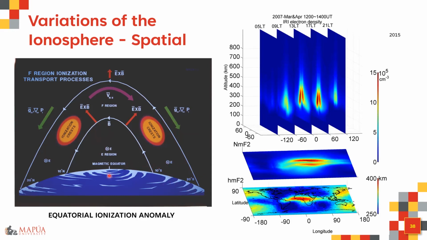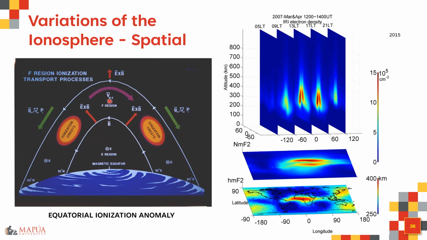We already mentioned the magnetic equator is where the magnetic field is horizontal. So if you have an eastward electric field and a northward magnetic field, E cross B drift says that any ionization present above the magnetic equator will drift upward.